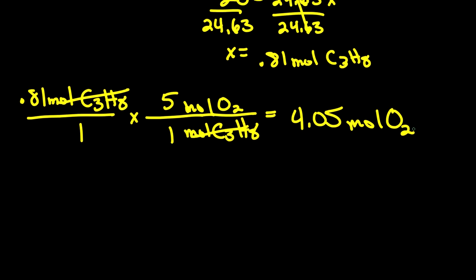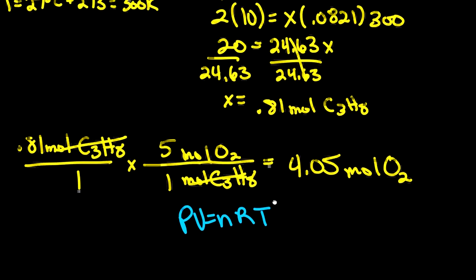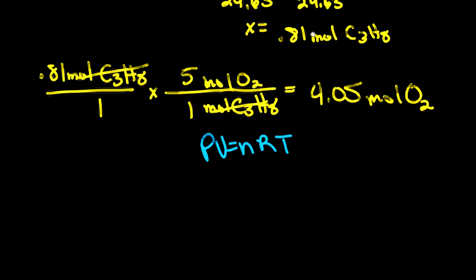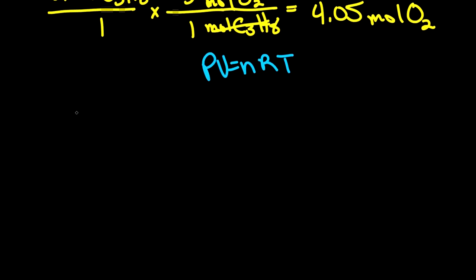Now take that value, stick it back into PV equals nRT. Our pressure and temperature haven't changed. So pressure is 2, temperature is 300. So P is 2.